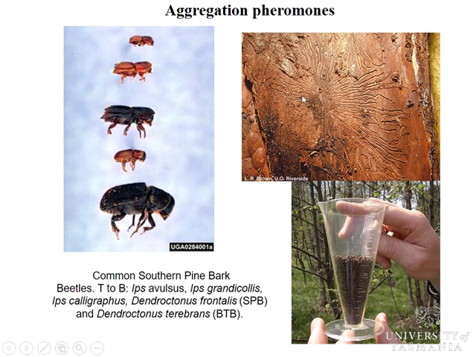But if they're attacking things like pine trees, for instance, which use resin as a defence against being attacked, then there is an advantage to having a mass attack on a tree, so that you would then start on the tree, call out for others to come along, and collectively they attack that tree so that they can overcome the defences of the tree. And then you can use these pheromones, as you can see here, and collect bark beetles and control bark beetles with both aggregation and anti-aggregation pheromones.